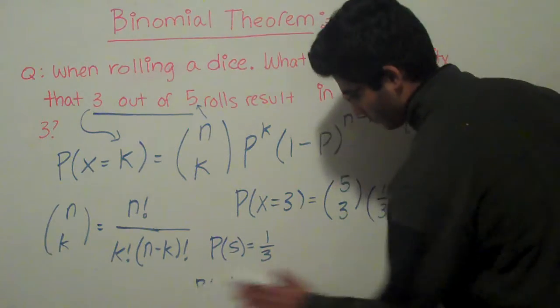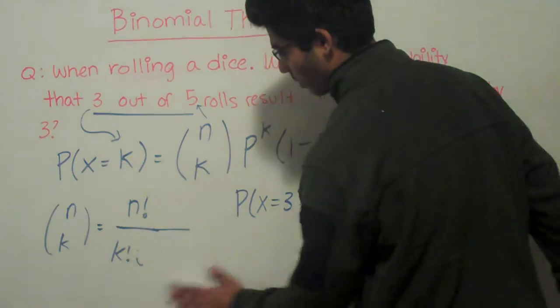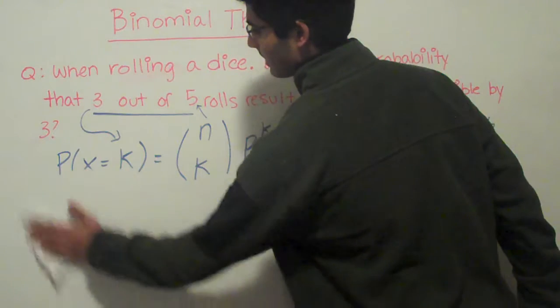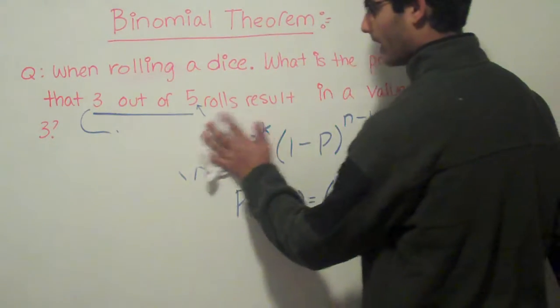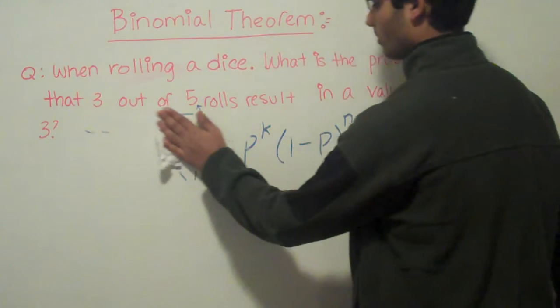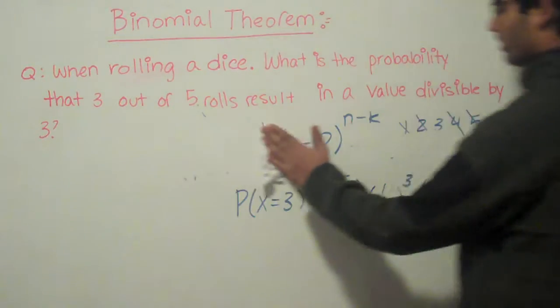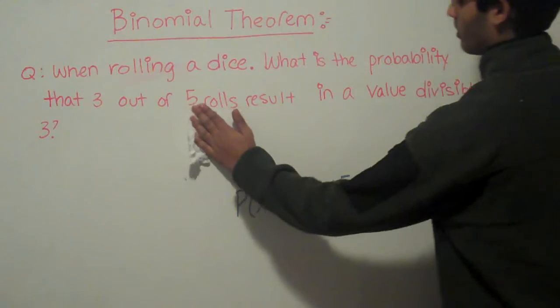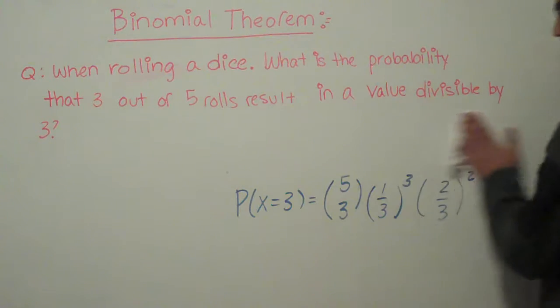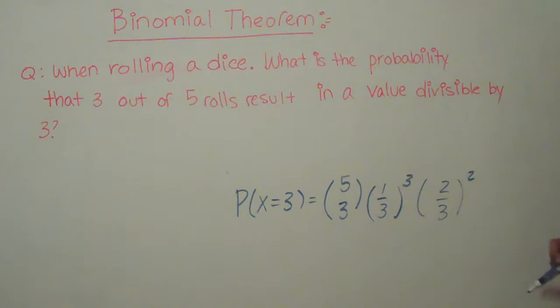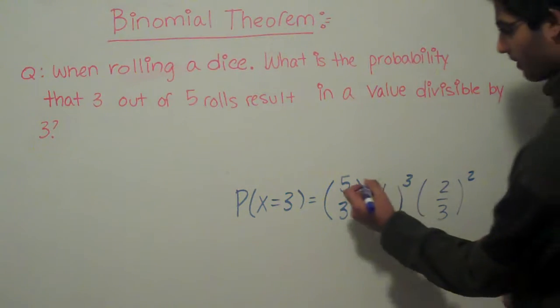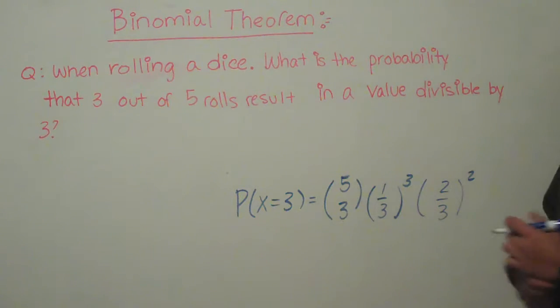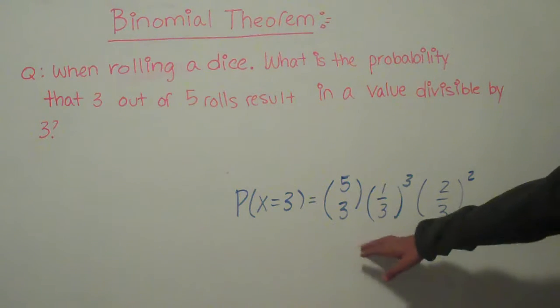Okay. The next thing, or the last step, is to solve for a value. If we had a calculator with us, we could just plug in 5C3. But we don't have a calculator with us, so we're going to have to do this by hand.